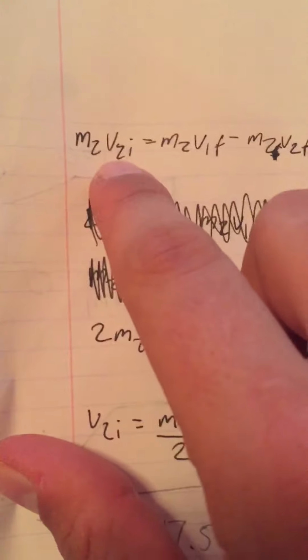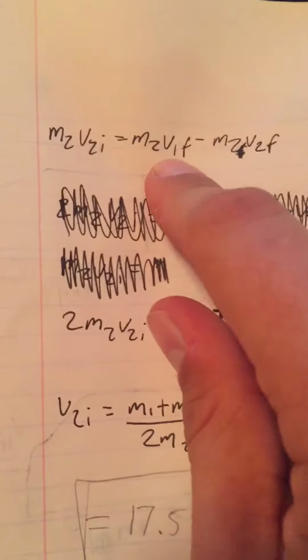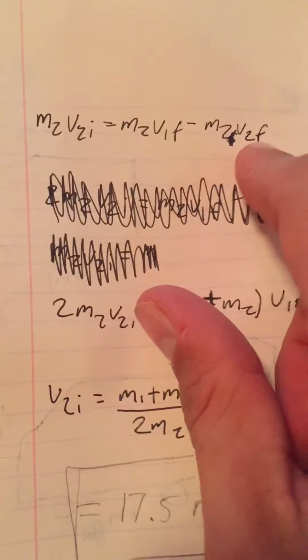that M2 V2 initial equals mass 2 velocity 1 final minus mass 2 velocity 2 final.